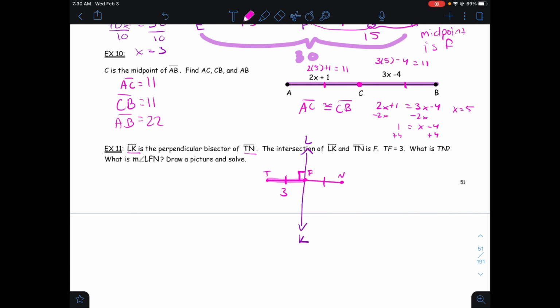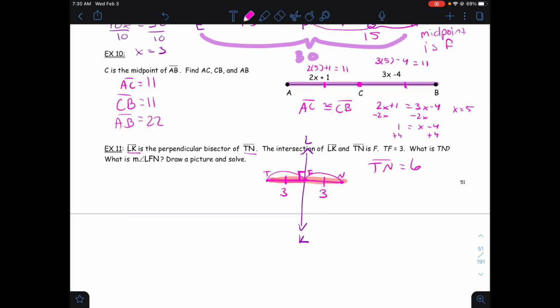So if we look to find TN, we need TF and we need FN. Well, FN is congruent to TF, which is 3. So we know that FN is 3. So then TN, which is the whole thing, is going to be 3 plus 3. So TN is going to be 6.